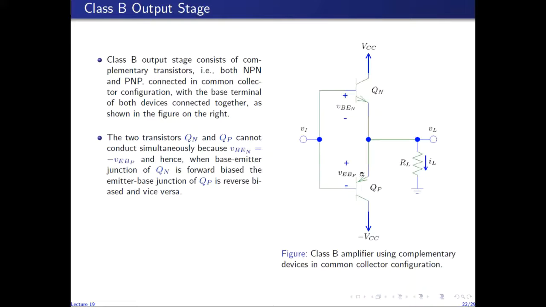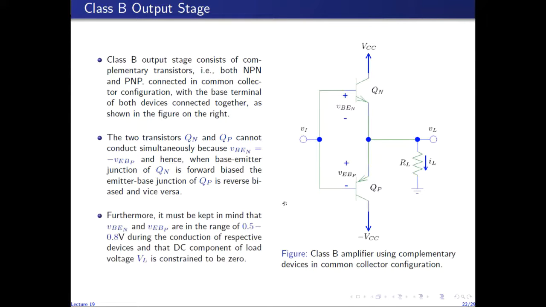On the other hand, when the emitter to base voltage of QP is positive, that is when the base emitter junction of QP is forward biased, then the emitter to base voltage of QN is negative, which means that the base emitter junction of QN is reverse biased. So when QN is conducting, QP is in cutoff, and when QP is conducting, QN is in cutoff mode.